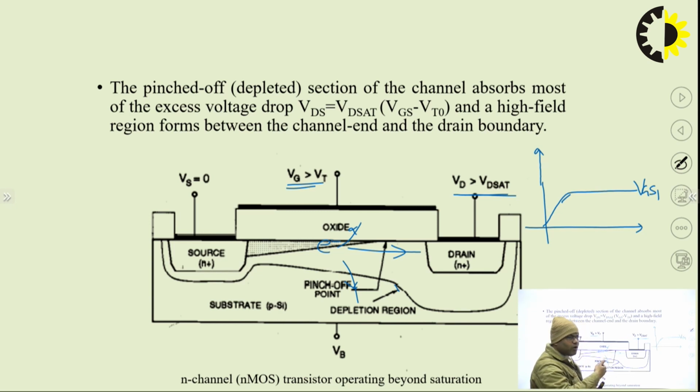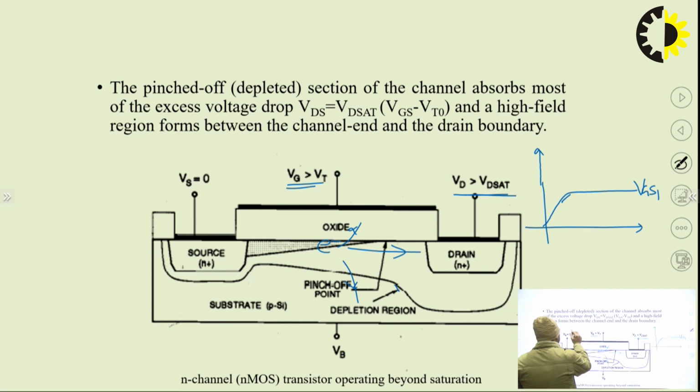If we want more current, more value of ID, then instead of increasing VDS, which has no effect on current beyond the saturation point, we have to increase the value of VGS.